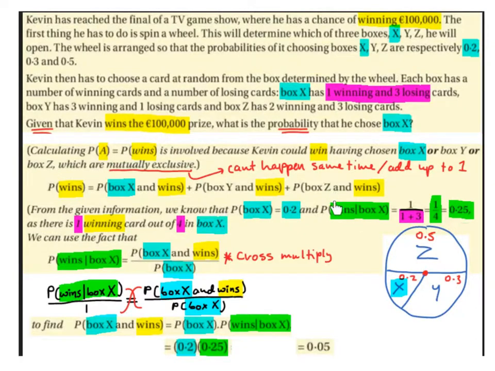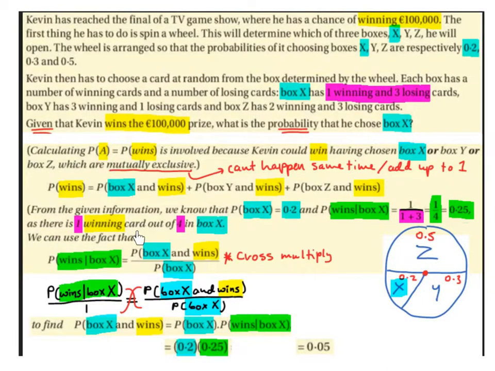And the probability of win given box X is going to be 1 over 1 plus 3, which is 1 over 4, which is 0.25. So there's 1 winning card over 1 plus 3, 1 winning, 3 losing cards, so 4 cards, as there is 1 winning card out of 4 in box X.